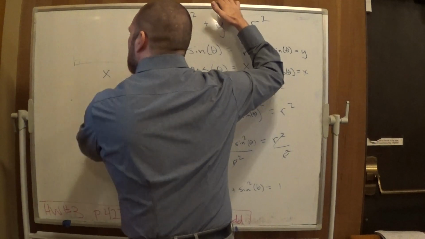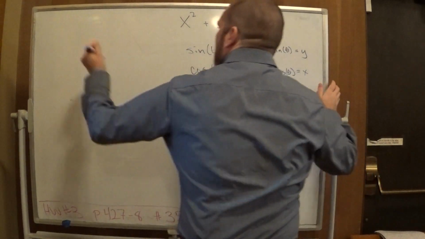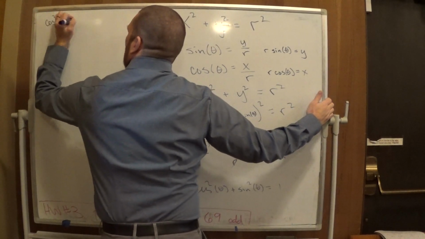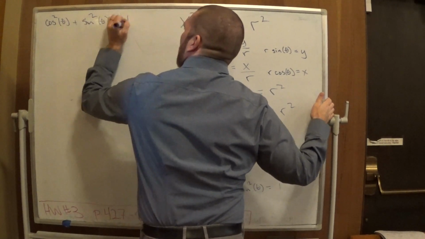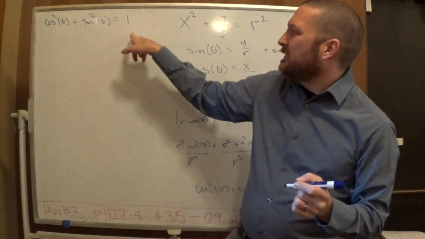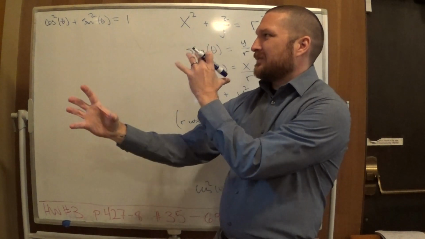Now, this is what we're getting into today. We're starting with this. This is one of the things you're going to have to memorize for this class. Cosine squared theta plus sine squared theta is equal to 1. Is it true that sine squared theta plus cosine squared theta is equal to 1? Does it work if I just switch them around?